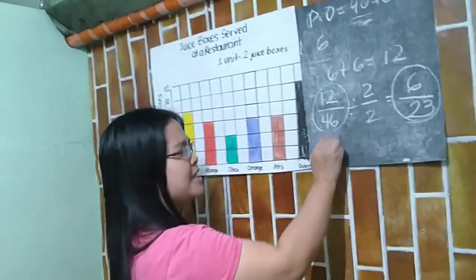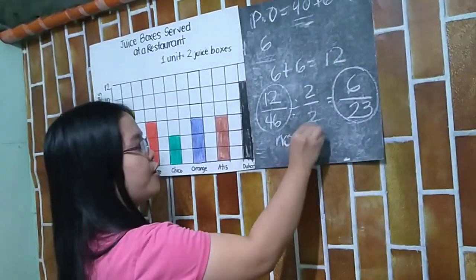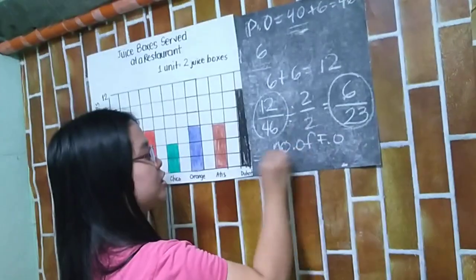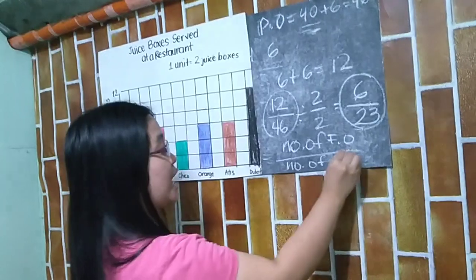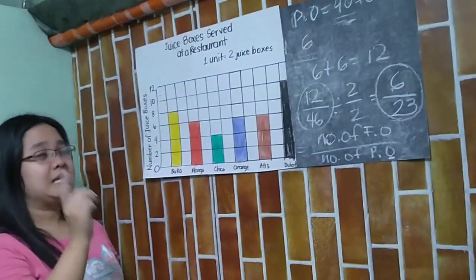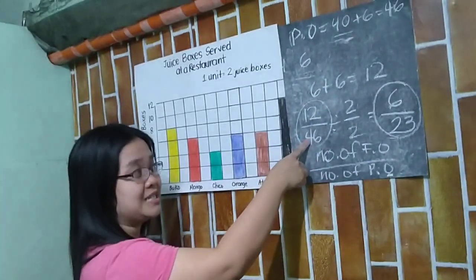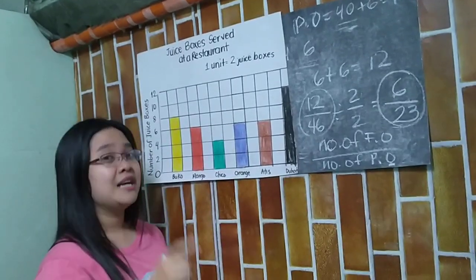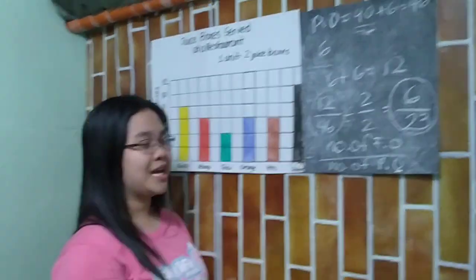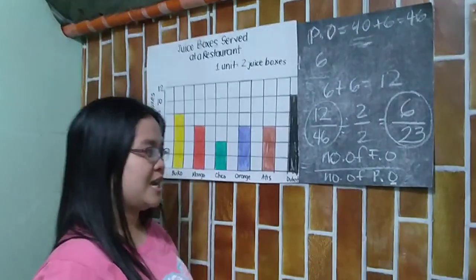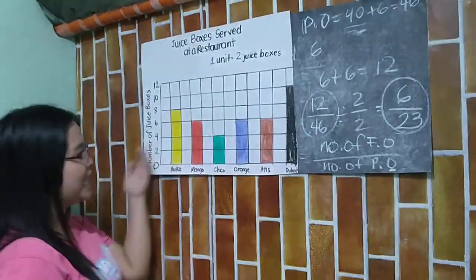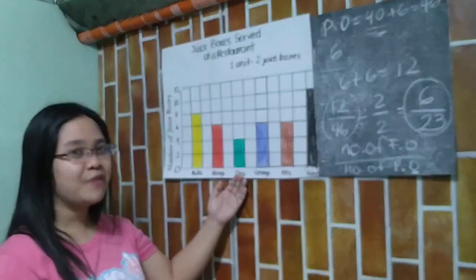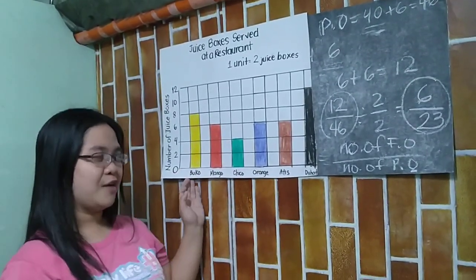What is that again? Number of favorable outcome over number of possible outcome. And take note that if the fraction can be simplified, get its lowest term by finding its GCF. And there you have it. You can get the probability of the information or the event illustrated in the graph.